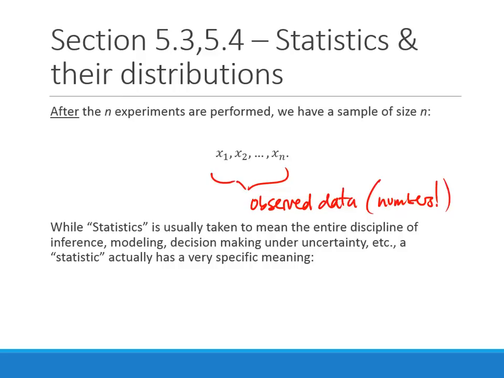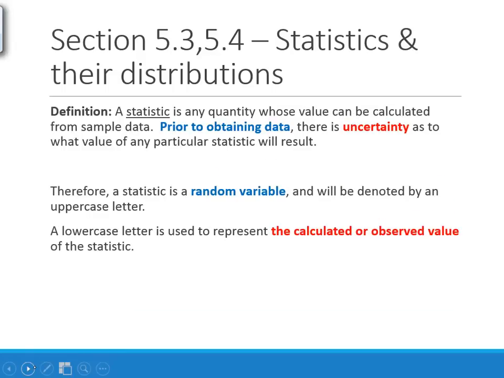So here, while the word statistics is in general used to talk about an academic discipline, the discipline of statistics, the word statistic actually has a very specific meaning that we can use in this class. So here's our definition. A statistic is any quantity whose value can be calculated from sample data.